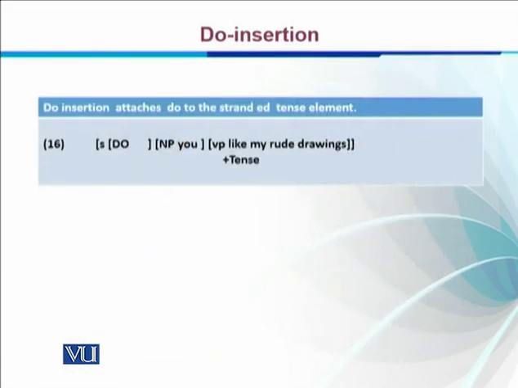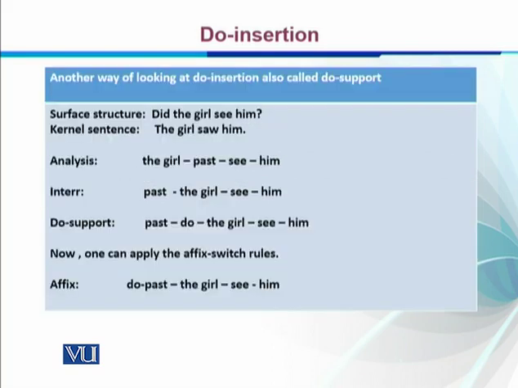If you look at do insertion, do insertion attaches do to the stranded tense element. So what we get is do, instead of tense now we have do, and noun phrase, and tense goes to its place, because we have to tell it through like my rude drawings.